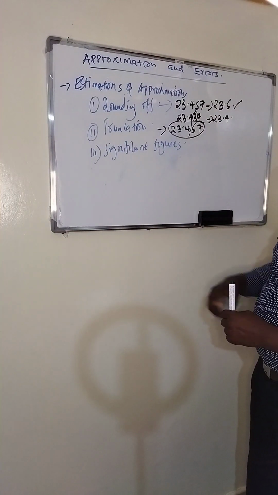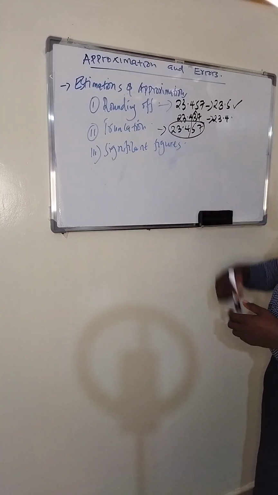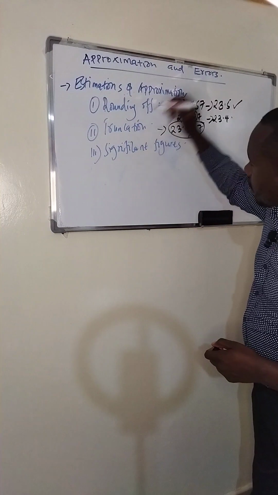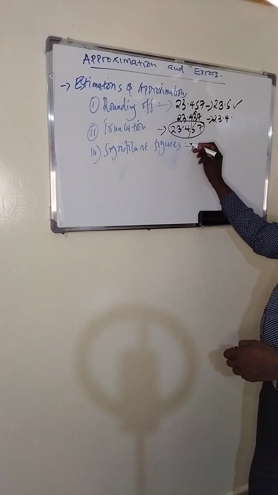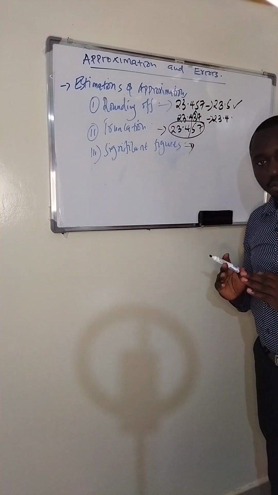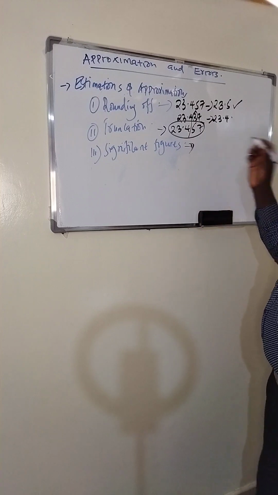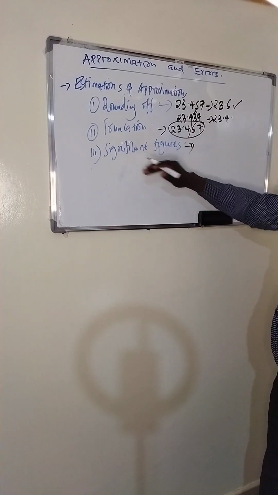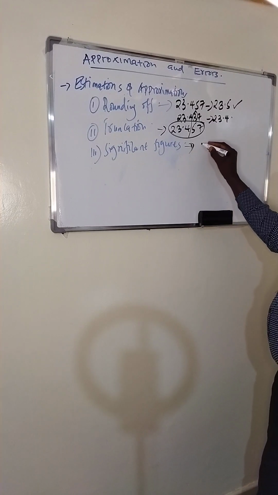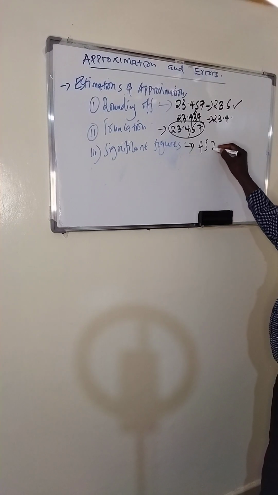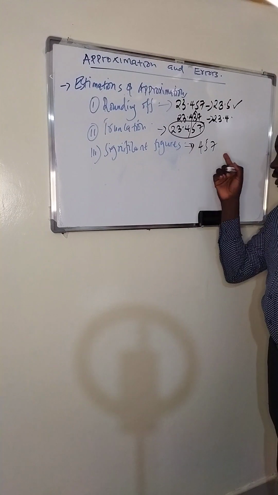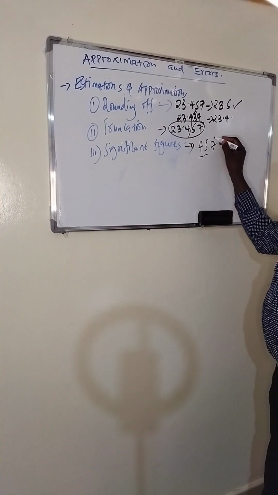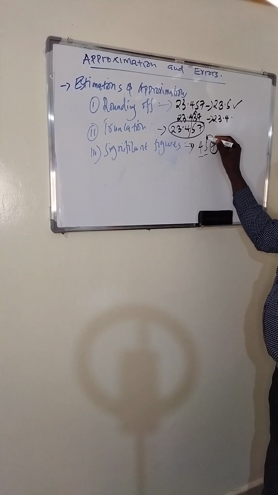That is truncation. Significant figures, this one is easy. This is another concept which you must have come across in Form 1. But one thing that you need to know is how you write to the required number of significant figures. Say for example 457, if you are told to write this to two significant figures, so 1, 2, the next number is more than 5, so you have to round off.